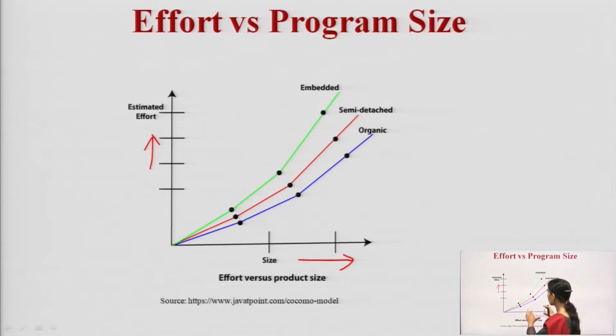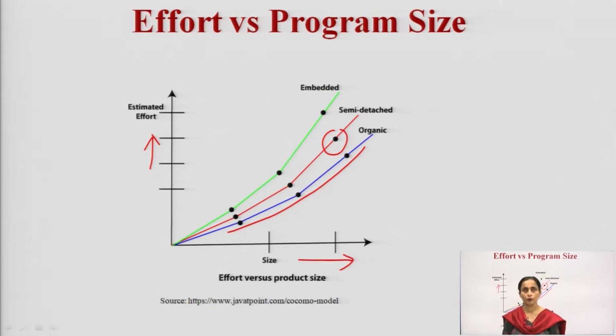All three models of COCOMO have been plotted. Organic comes like this curve, the red one denotes the semi-detached curve, and the green one plots the embedded curve between effort and program size.